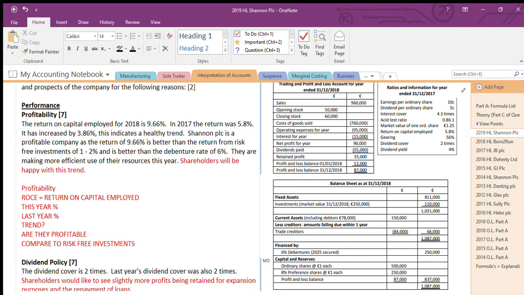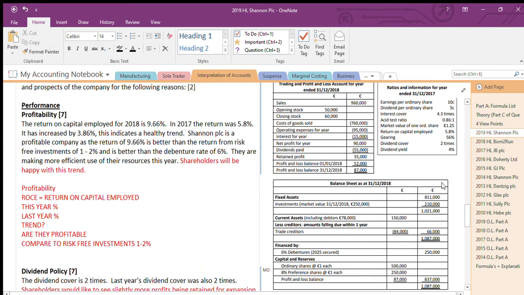That's the general understanding that if you invest in a risk-free form, like a government bond, you might get 1 to 2% return every year. Whereas if you invest in this company, you could receive nearly 10% each year. So you're comparing the profitability return for this company to the risk-free investment of 1 to 2%. Always just state 1 to 2%. That's the way it is at the moment.